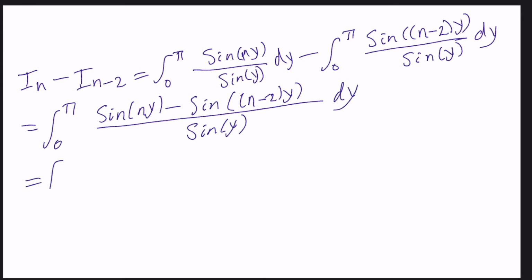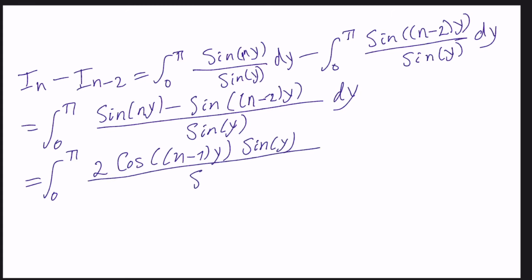And we already know that this is equal to 2 times cosine of (n minus 1) y by sine of y, divided by sine of y dy. This is removed, and of course we will suppose that n is bigger than 1 because we already know what a1 and a0 are. So n is bigger than 1, it means that n minus 1 is not equal to 0.